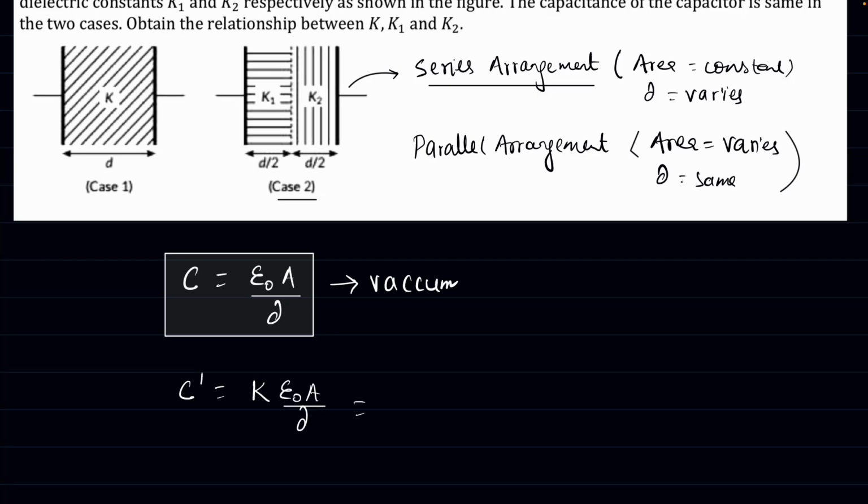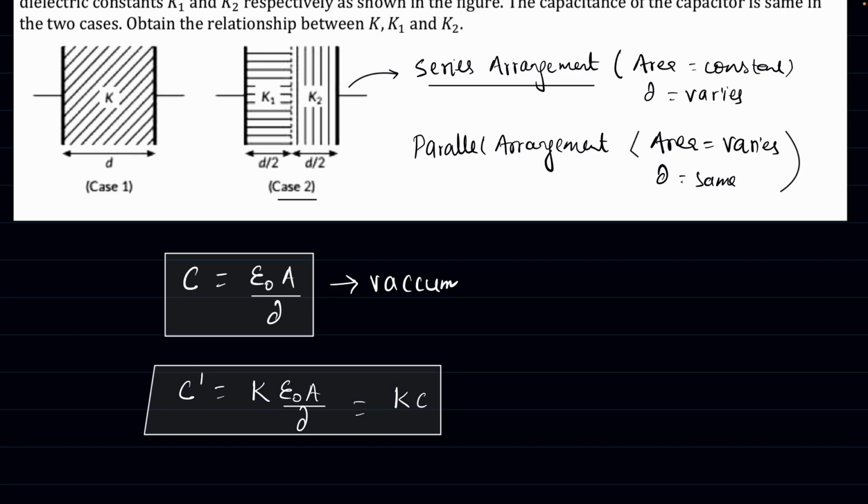It can also be written as K into C. So for case 1, its capacitance is equal to this relation here. We can call it relation 1. This is for case 1.